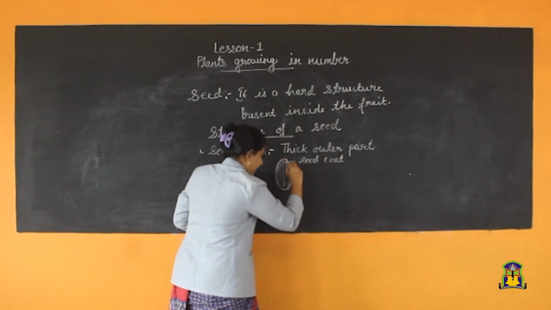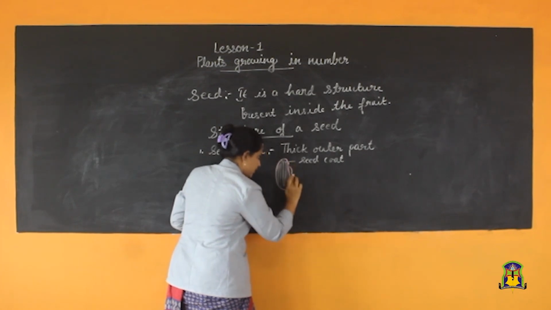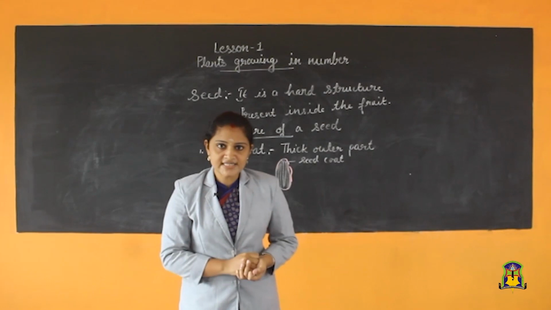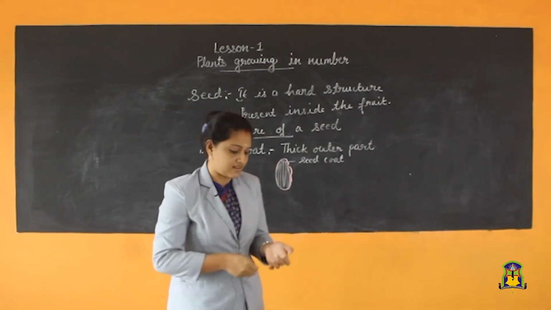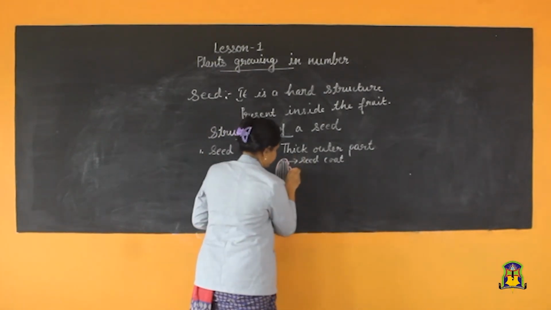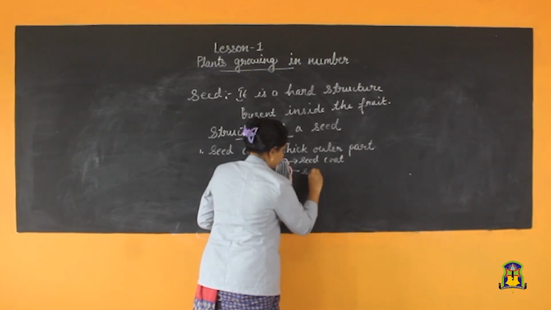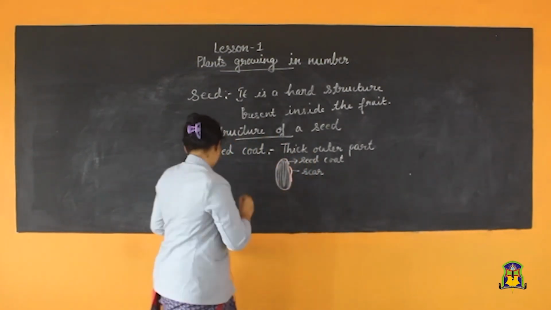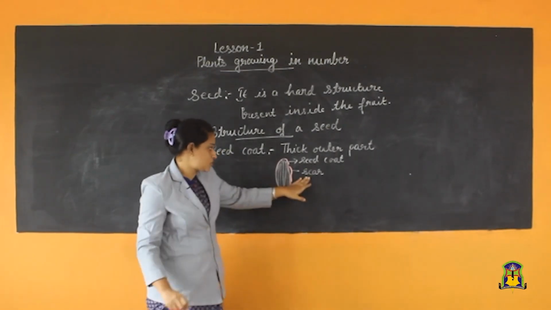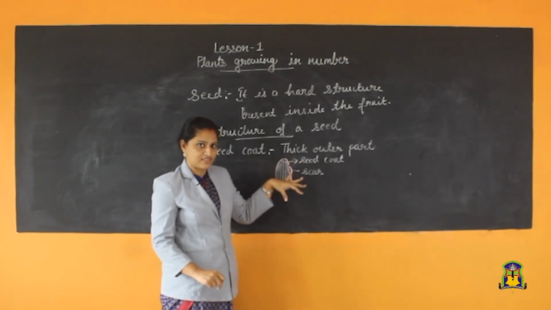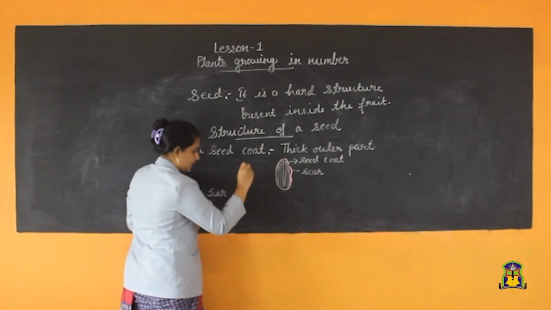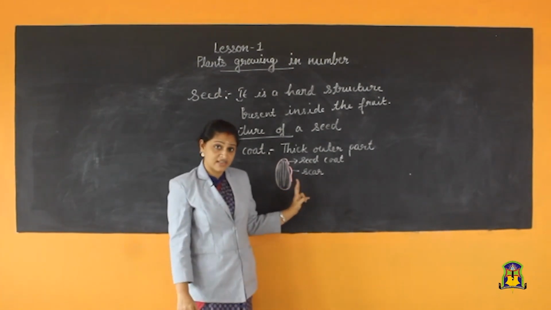Then we can see a small portion on one side of the seed. That portion is called scar. So, scar also we can see on the outer part of the seed. Then, what is the function of this scar?